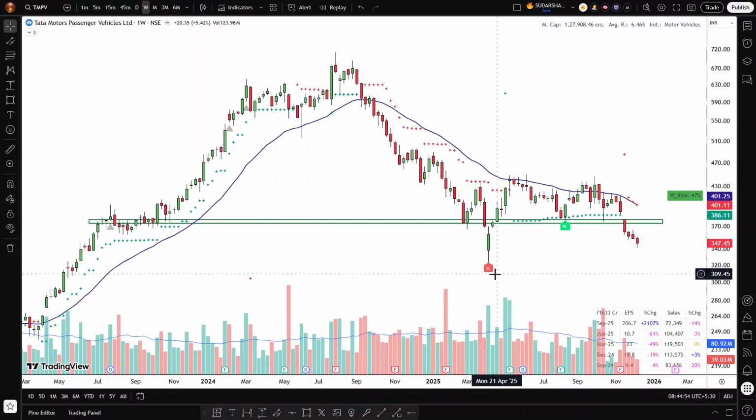Another thing, it indicates lower lows. See, this is a low, this is a low, lower low, and again from this low the price went up, then closed down, then formed up. This is a higher low, this is a lower low, this is a higher low. Higher low is indicated in green and lower low in red.